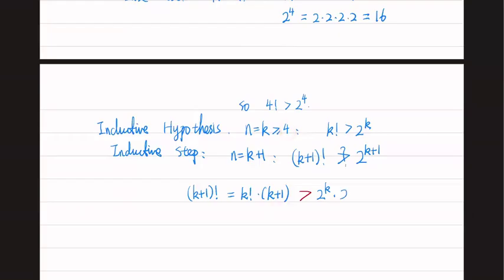And this is 2 to the k plus 1. In this way, we finish the inductive step. So for k, 4 to 5, 5 to 6, 6 to 7. In this way, we find the proof one by one.